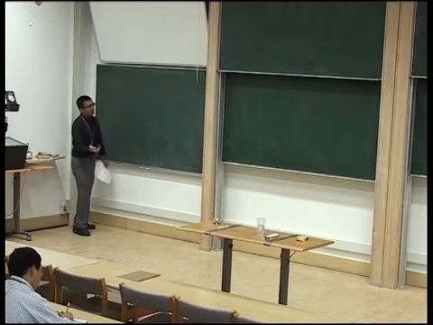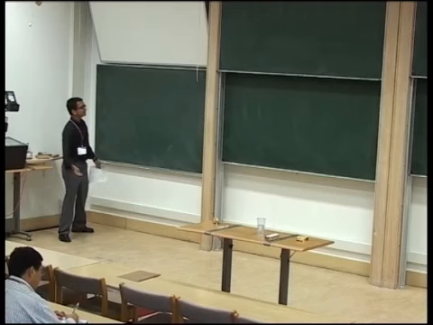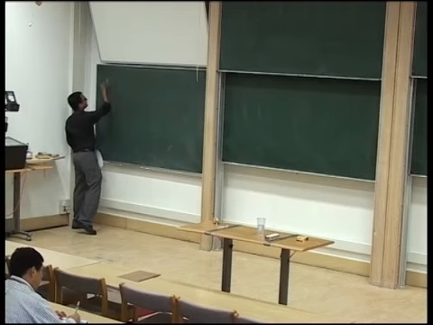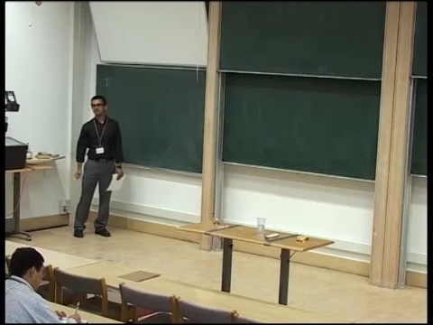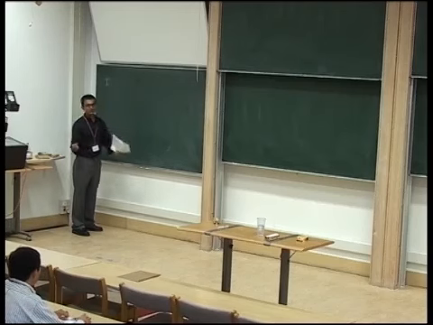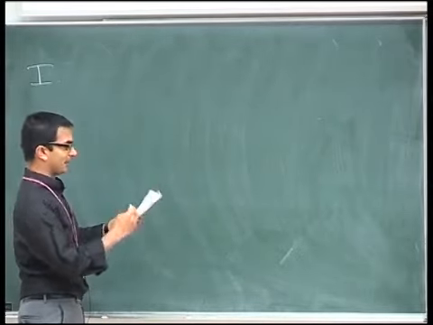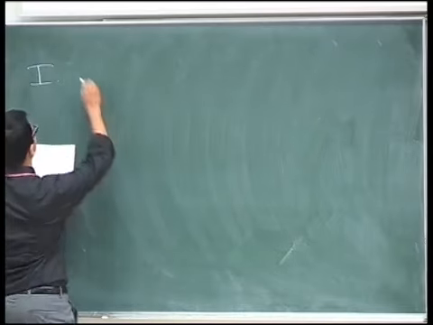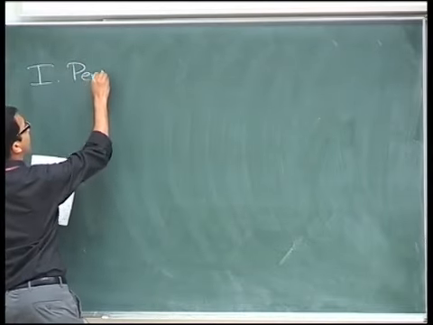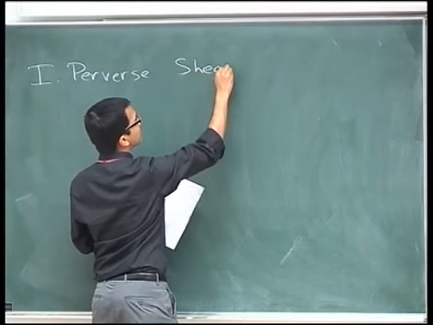Okay, so I'm going to start off with some really elementary things. I'm trying to imitate something about perverse sheaves, so I want to spend a little bit of time going over some features of perverse sheaves which are no doubt known to most people here, but I just want to draw attention to them. So the setup is going to be this.